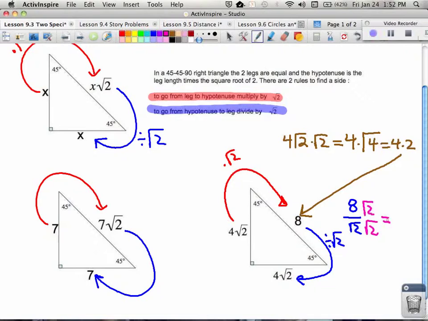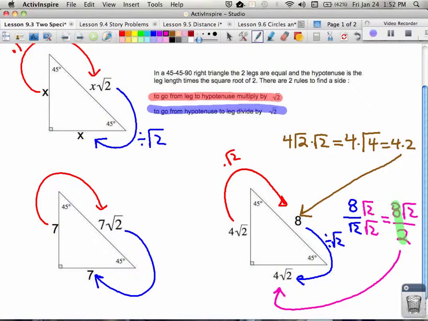On the top, we would have 8 square root of 2. And down below, the square root of 2 times the square root of 2 is the square root of 4, which we know is 2. And if you simplify it, what you happen to notice is that the 8 divided by the 2 turns out to be 4. Or in other words, you end up with 4 times the square root of 2.